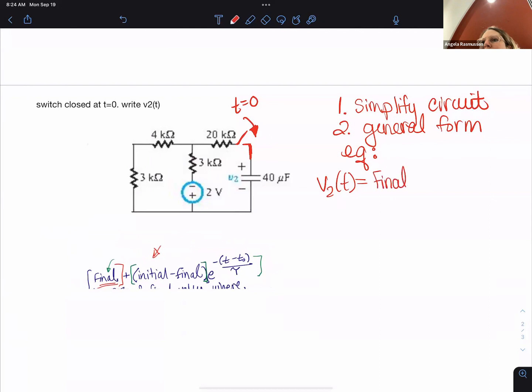So final plus initial minus final, e to the minus t over tau. And for RC, tau is RTH times C.